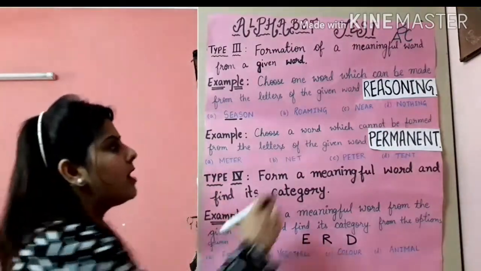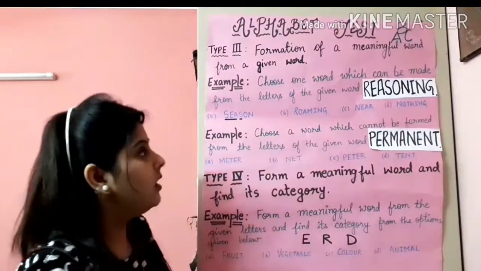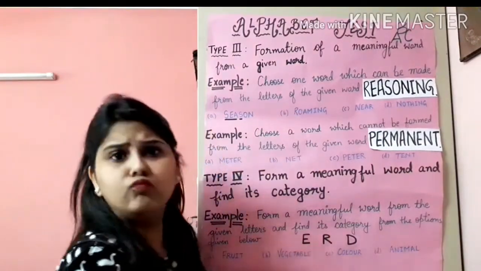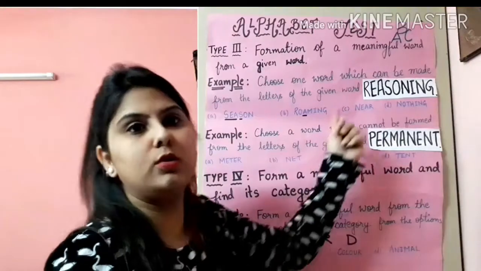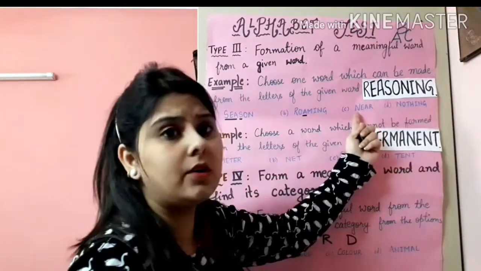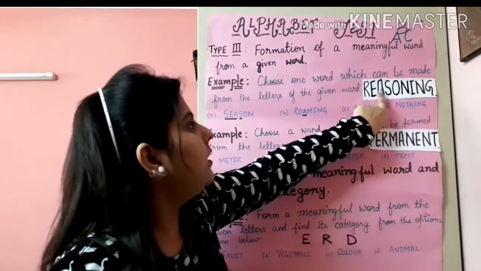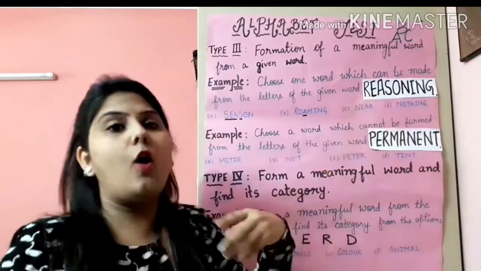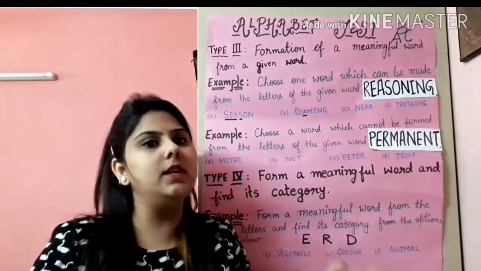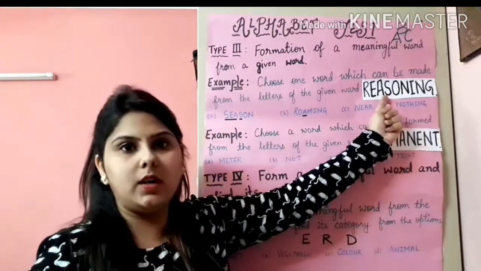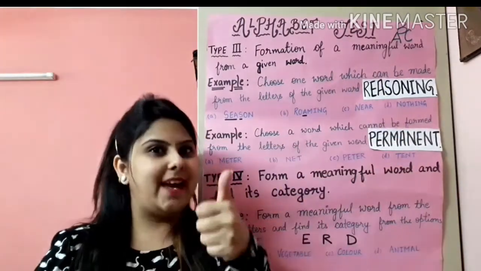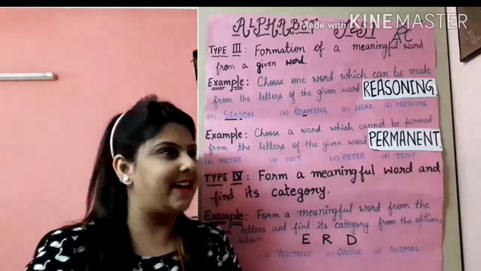Now moving on to our next word, that is roaming. Can I form roaming? No. Now moving on to option C, that is near. For near it is N-E-A-R. All the letters of the word near are there in the word reasoning. So yes, this option can be correct.